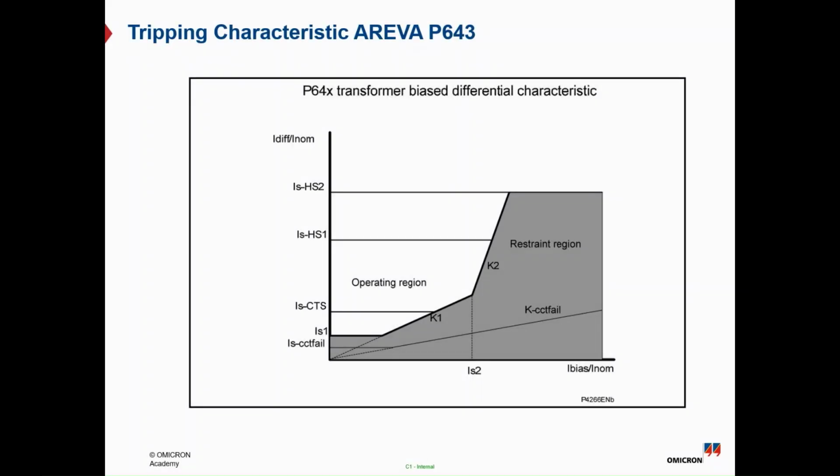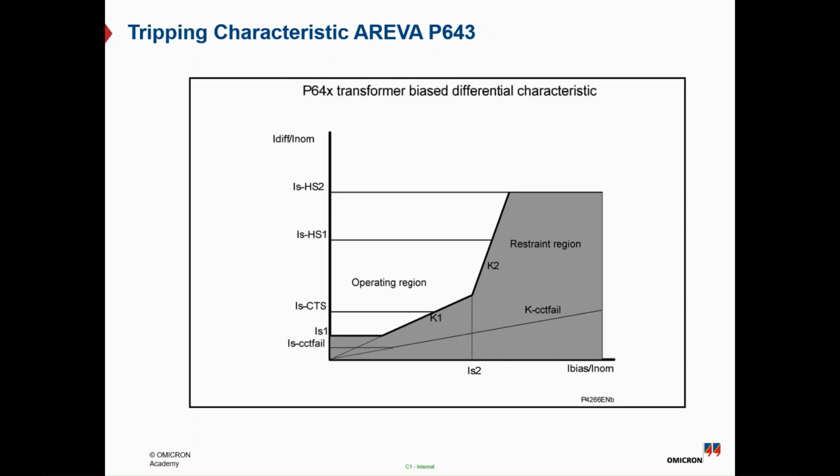Then we have here an example about the GE B643 relay, and as you can see here is the transformer bias differential characteristic represented between IDIF and I bias as a dual slope characteristic, and we have here IS1 as the minimum differential current, K1 as slope 1, K2 as slope 2, IS2 as the value of the I bias or the intersection point between slope 1 and slope 2.